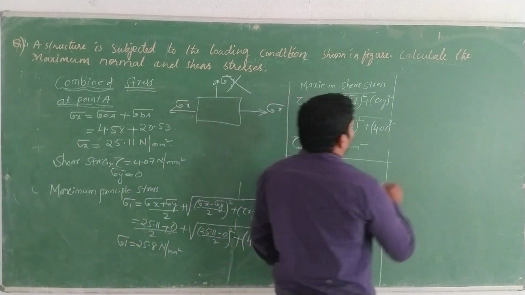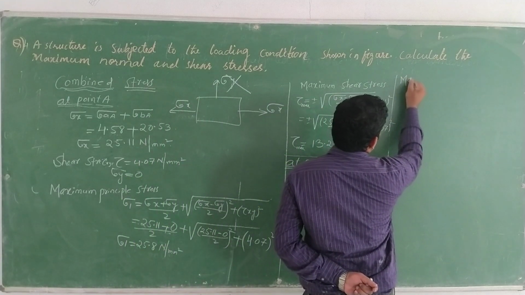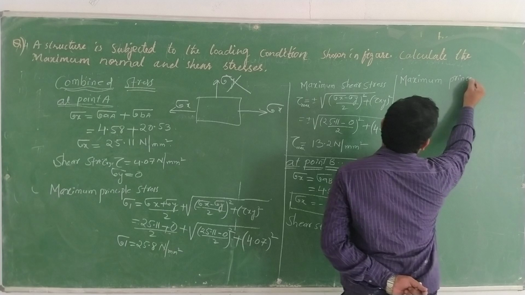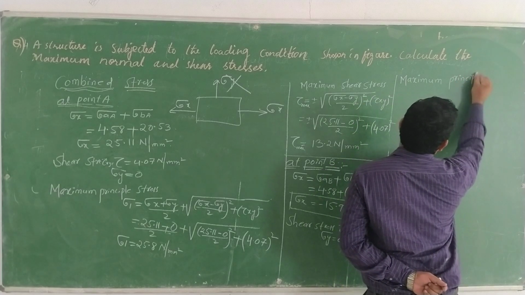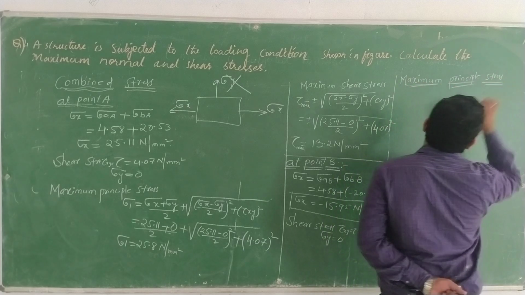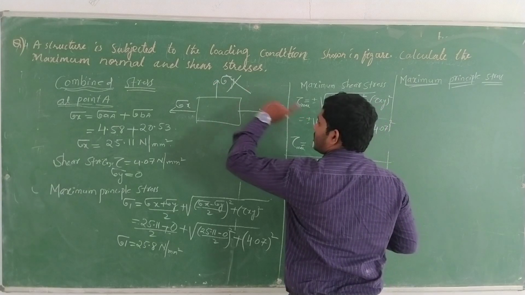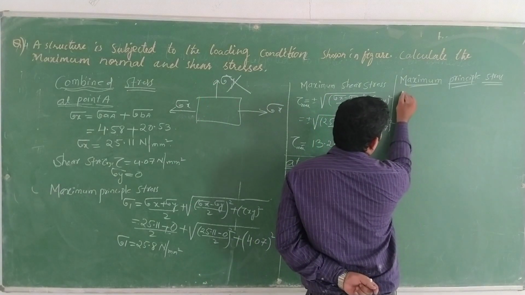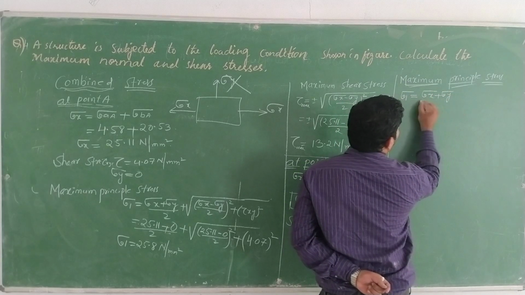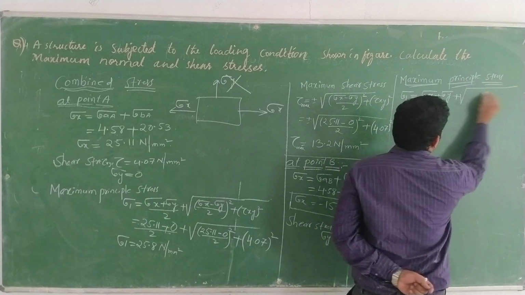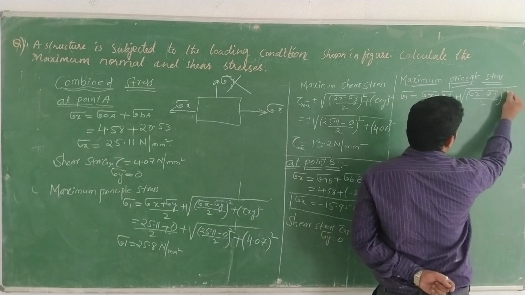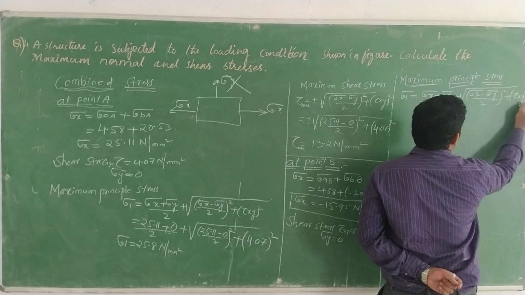Okay dear, again we need to find the maximum principal stress. The same concept applies. Use the formula sigma 1 equals (sigma x plus sigma y) by 2 plus under root of ((sigma x minus sigma y) by 2) whole square plus tau xy whole square.